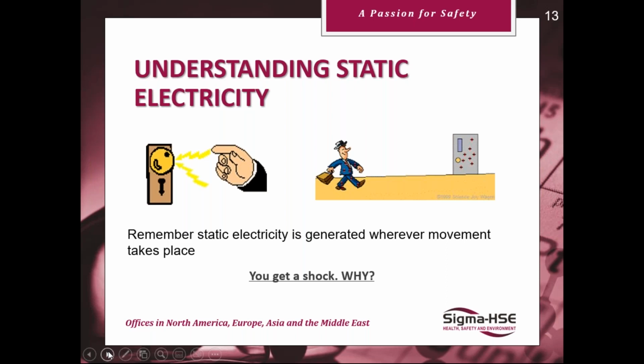In the car, you're moving in the car, your clothing rubs against the seat, and all the time you're generating electrostatic charge. When you get out of the car, you don't touch earth as you leave. You just push the door open, get out, and then push on the glass maybe or on the metal door to close it.